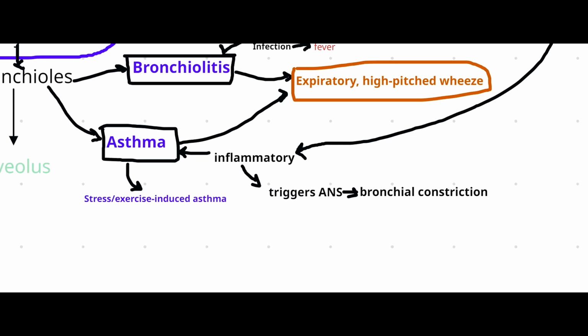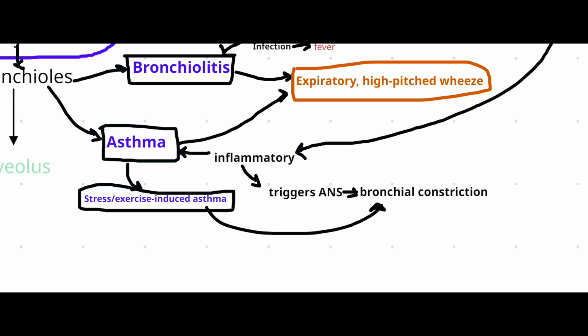Okay. And so these patients, they will only have what sound? Expiratory high-pitched wheeze. They will only have the expiratory high-pitched wheeze when they're stressed out, when they're panicking, when they're doing a lap, when they're in PE. Okay, as they're doing that, their autonomic nervous system is getting hyped up.